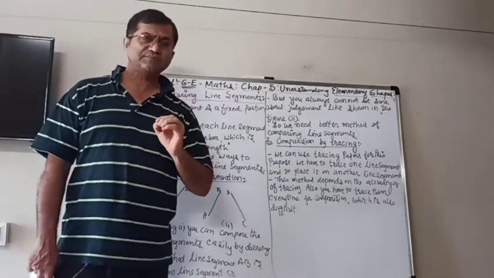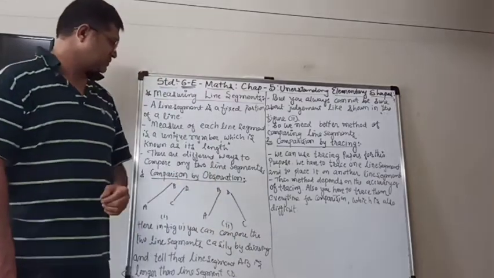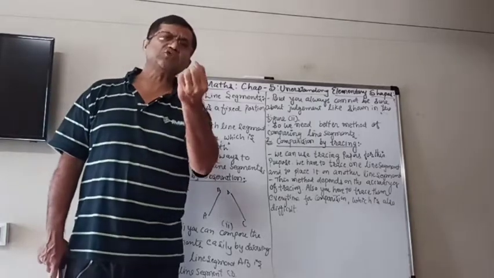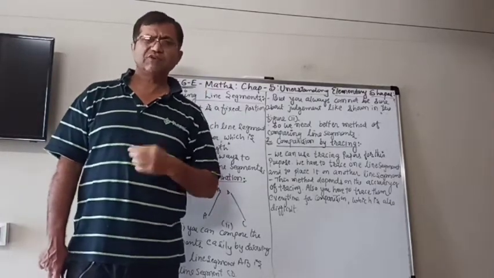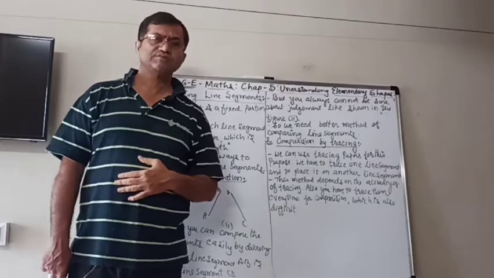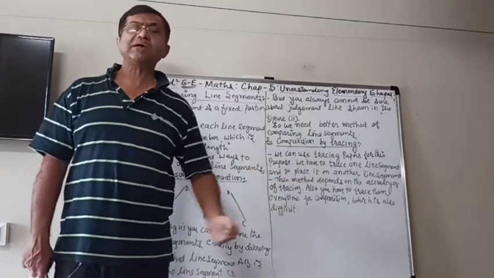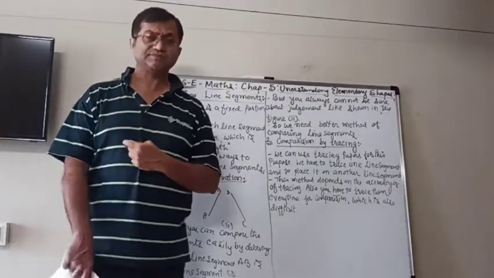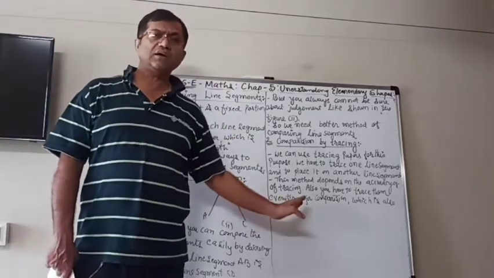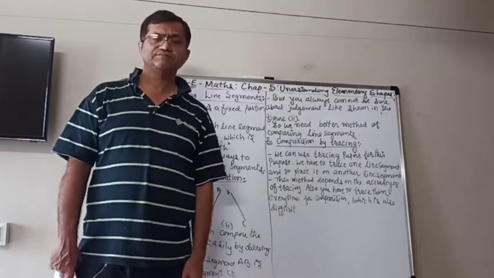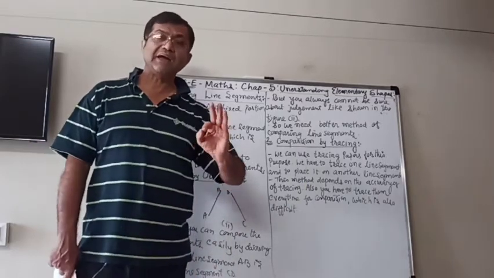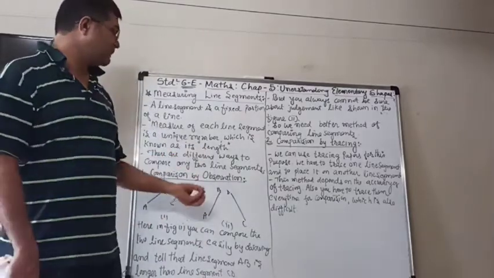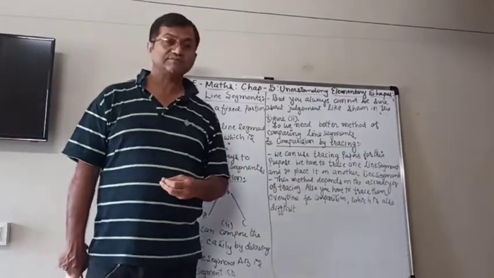But if you see the line segments shown in figure number 2, there may be only a very small difference, then they look the same, but maybe they cannot be of the same length. So in this situation, only by observation it is difficult to compare these two line segments.